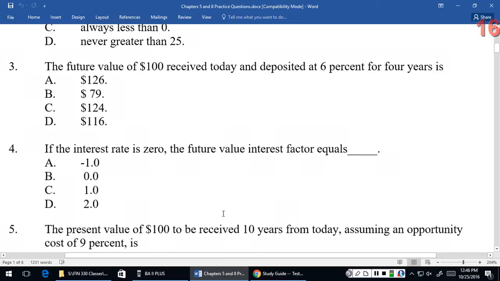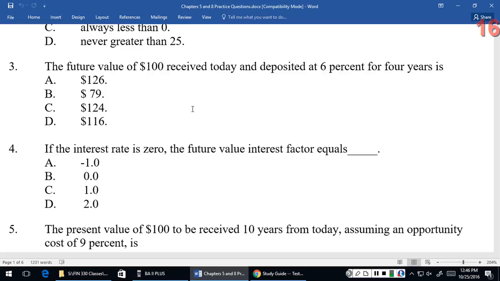Okay, number 3, time value of money problem. Future value of $100 received today and deposited at 6% for 4 years is. Let me ask you first, what type of time value of money problem is this? Future value of an annuity, present value of an annuity, future value of a lump sum, present value of a lump sum? Future value of a lump sum.